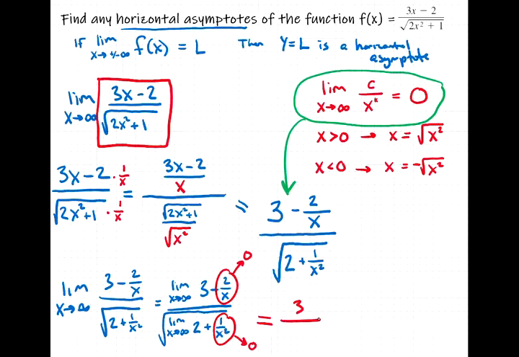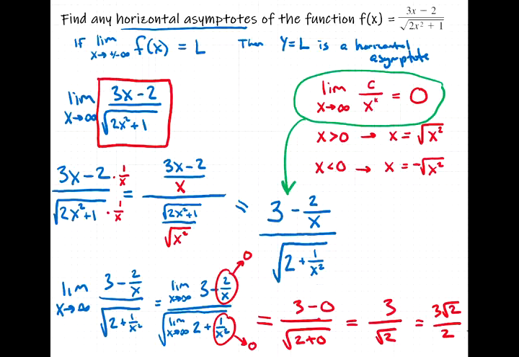So we have 3 minus 0 on the top, and we have the square root of 2 plus 0 on the bottom, or 3 divided by the square root of 2. Or if we want to rationalize that, we could say 3 root 2 over 2.